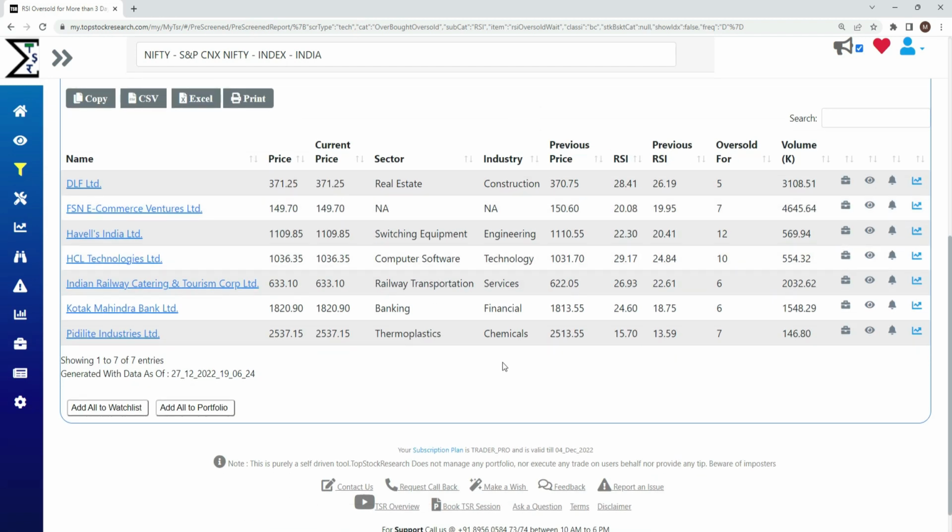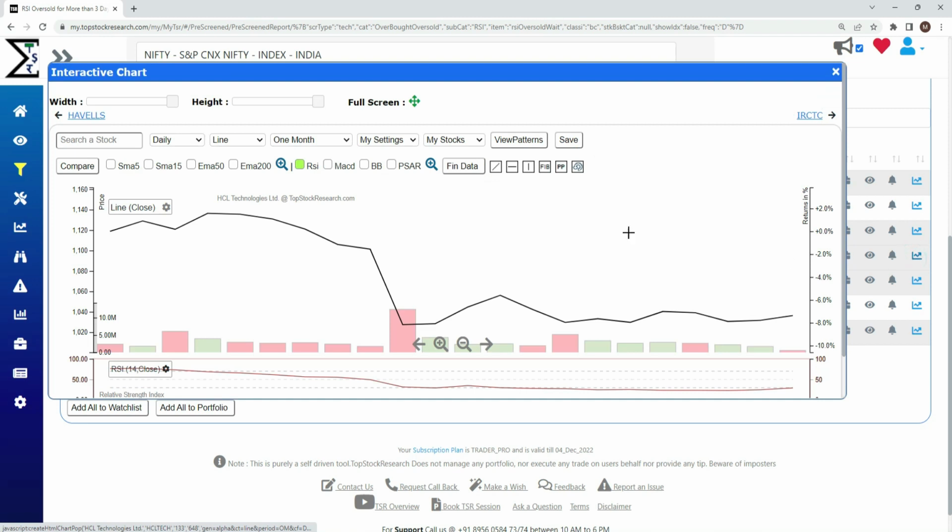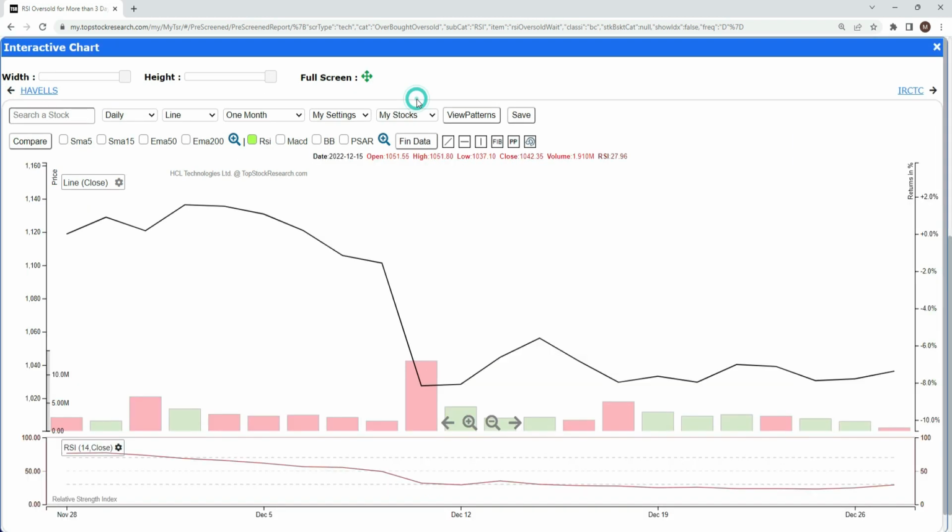That means there's a possibility of bouncing back at any point of time. For example, let's look at HCL Technologies. When you expand the chart, you'll see that this particular stock has been in oversold range for a very long period of time, and is likely to get over here. That means a good bottom is getting formed, and once this level is crossed, then based on your analysis, you can take a decision on that.